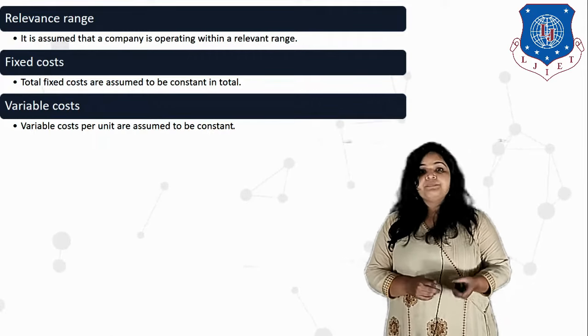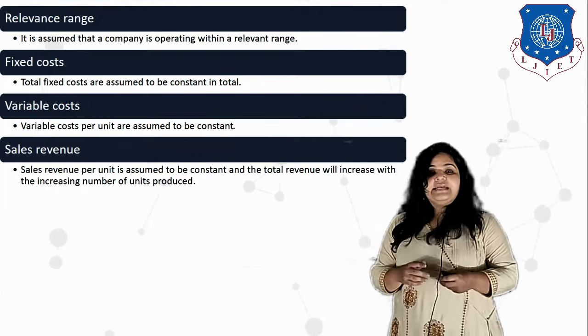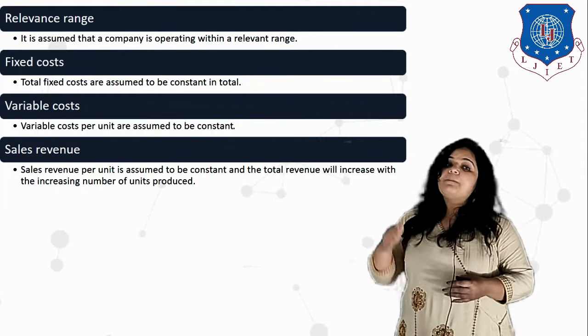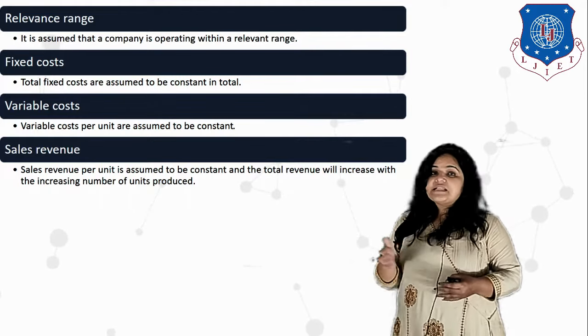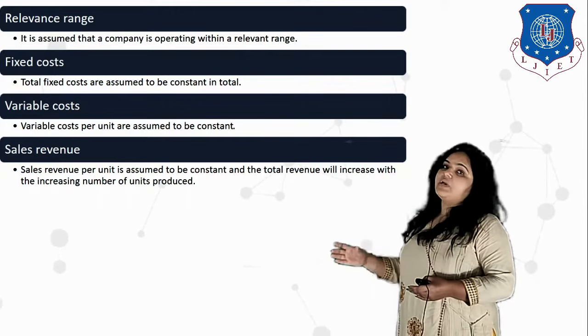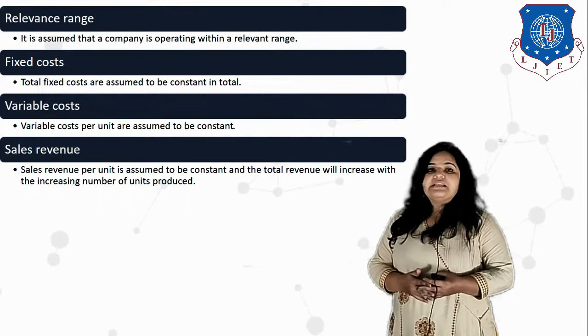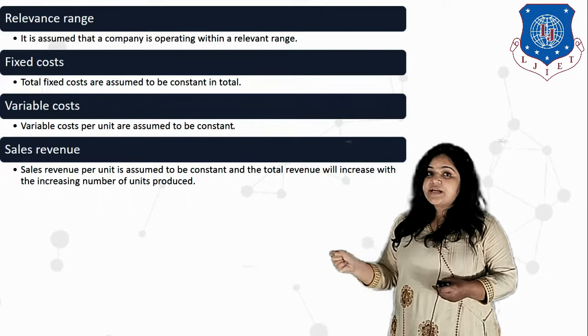Remember this. Our fourth assumption talks about sales revenue. It tells us that sales revenue per unit is assumed to be constant. What is sales revenue per unit? Obviously the selling price of the unit. We are talking about pencils here, then selling price of one pencil will be constant.